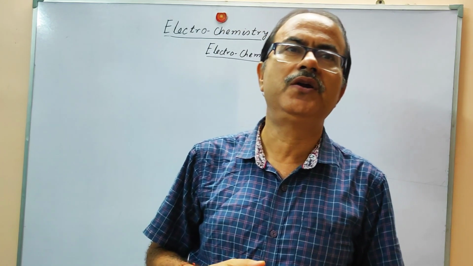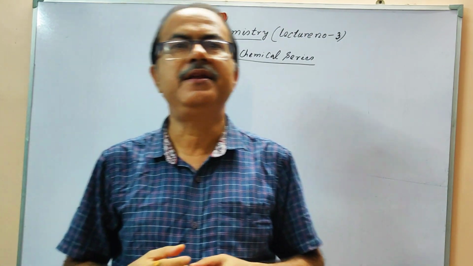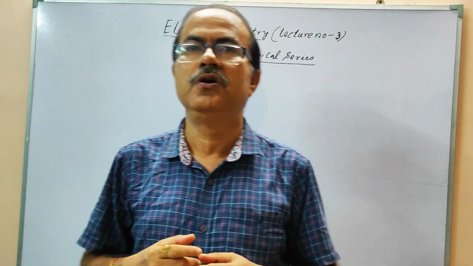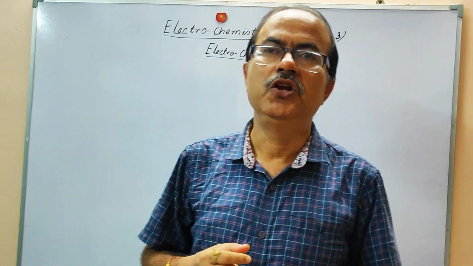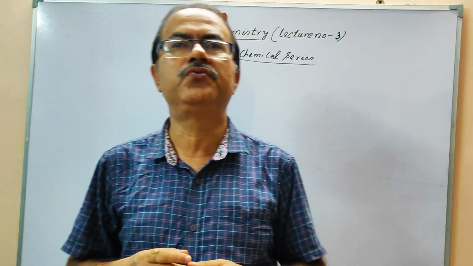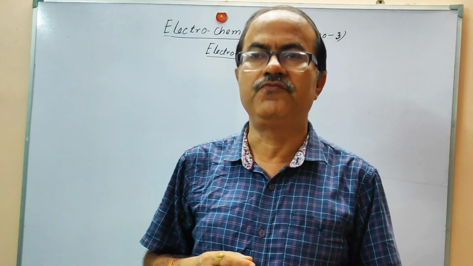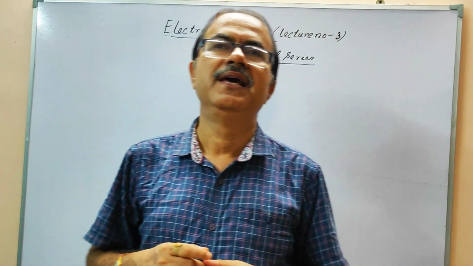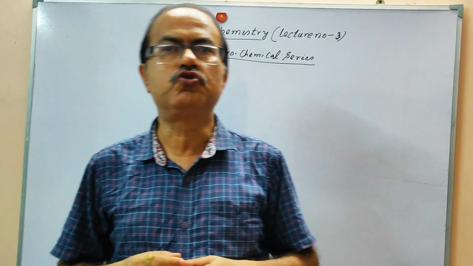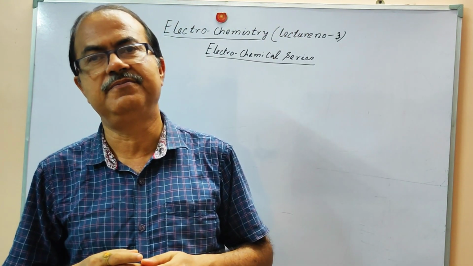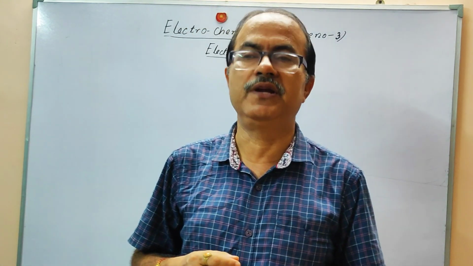First, let us understand what the electrochemical series is, and then we will understand the different applications of this electrochemical series. Electrode potential is very important, because from this we can extract different types of information. The electrochemical series is basically the arrangement of the electrode potentials of selected half-cell reduction reactions in increasing order.